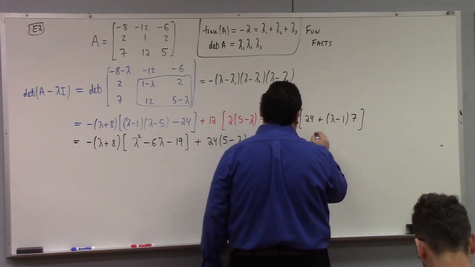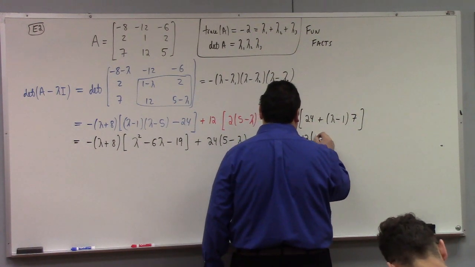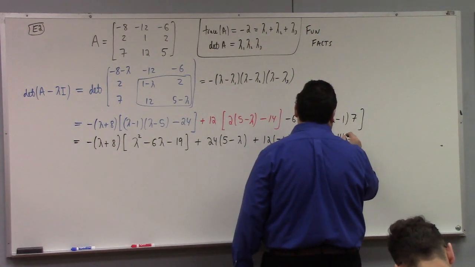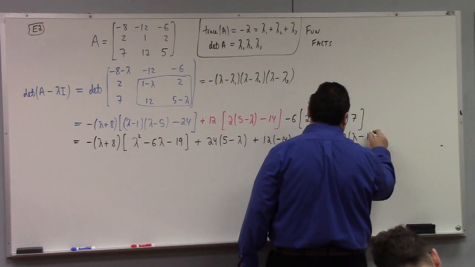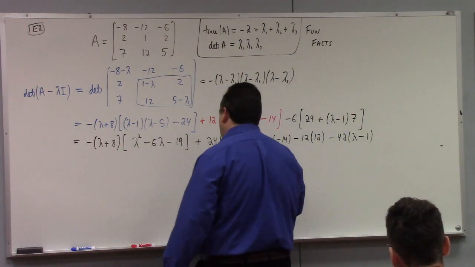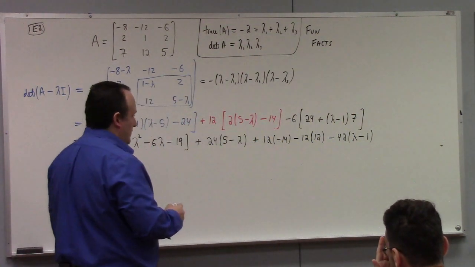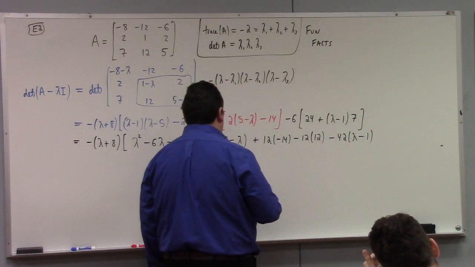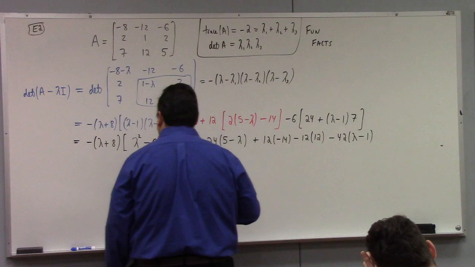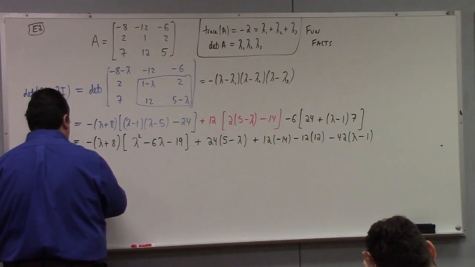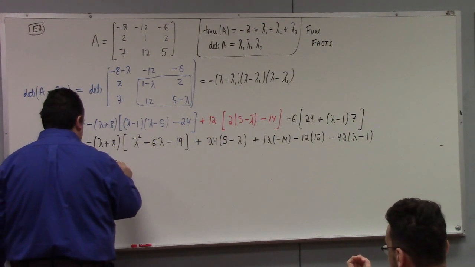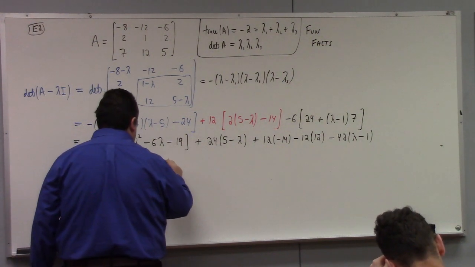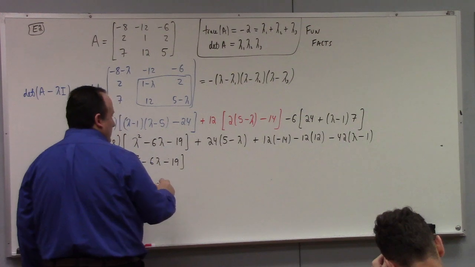Minus 12 times 12. Minus 42, of course. Lambda minus 1. So what do we get? Minus lambda plus 8 times lambda squared minus 6 lambda minus 19.